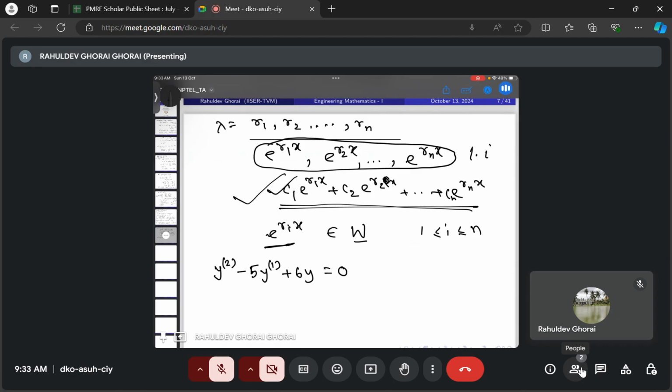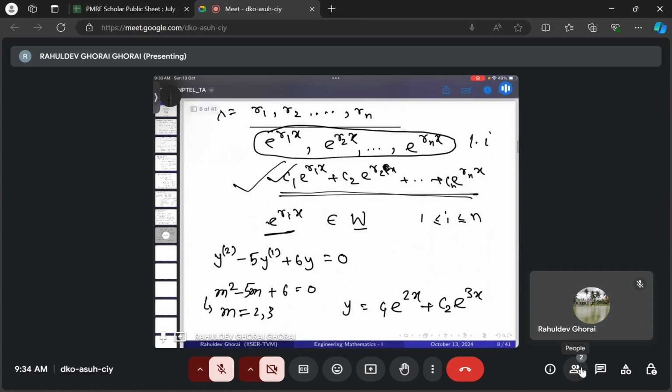You had this type of differential equation. Why did you write m square minus 5m plus 6 equal to 0, then m is equal to 2 and 3? From here you will easily get that. And then y you used to write as c1 e to the power 2x plus c2 e to the power 3x. Why did you used to write that?